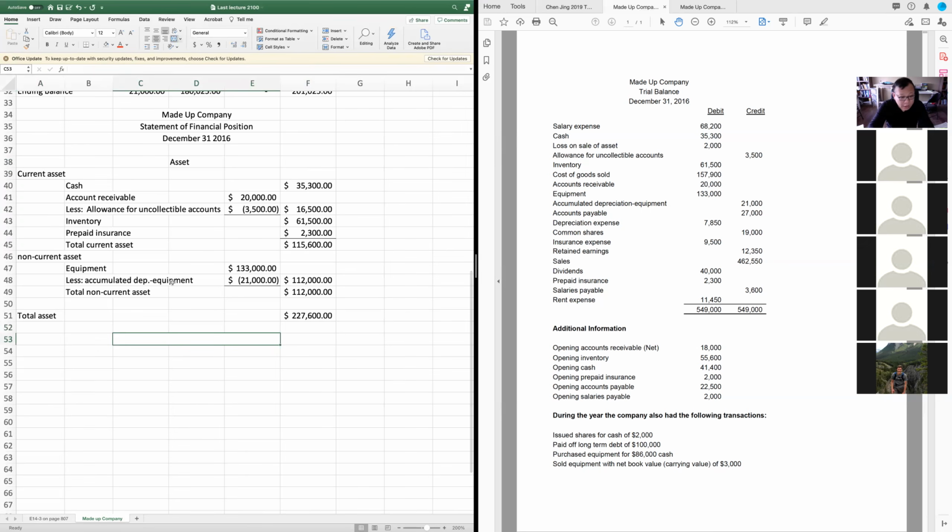So let's do liabilities and equity. Let's first go with accounts payable. Let's first do current liability. And you are absolutely right. We have accounts payable. So this one is 27,000.